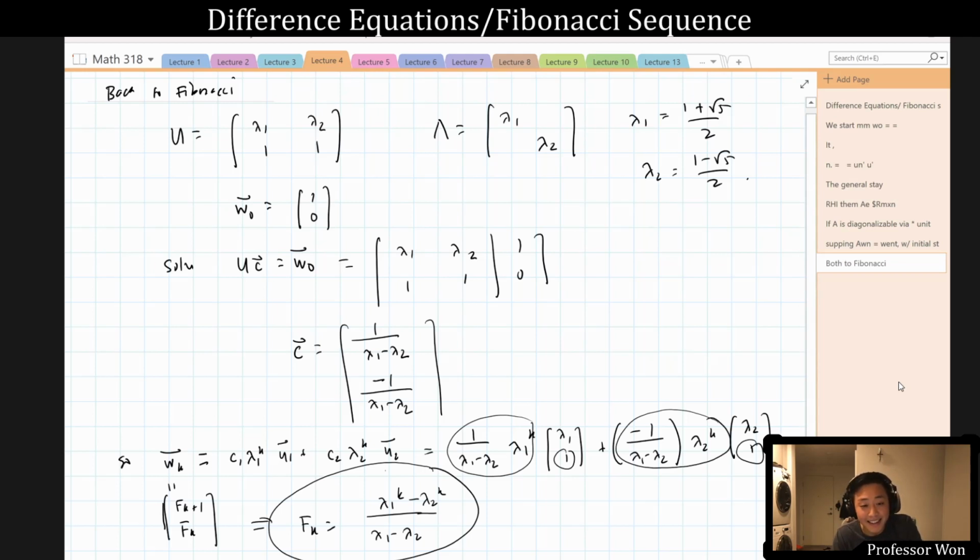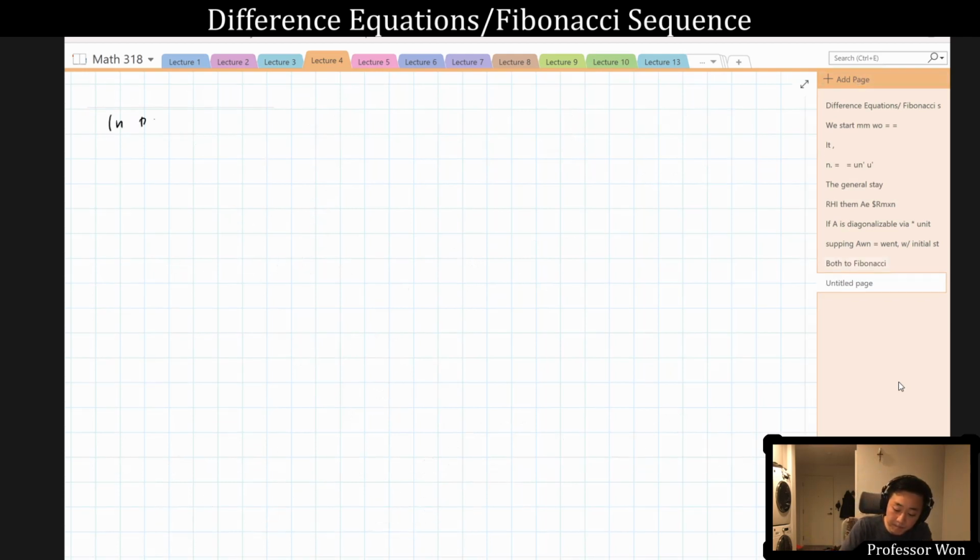Okay, and what happens to WK in the long run, or in other words, what happens to FK in the long run? As k tends to infinity, again, WK was c1 lambda 1 to the k u1 plus c2 lambda 2 to the k u2.